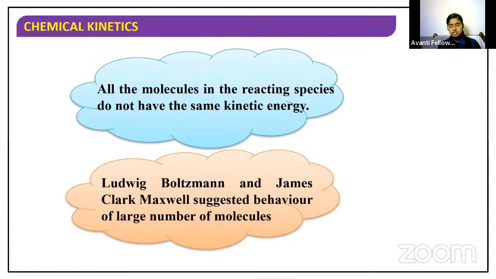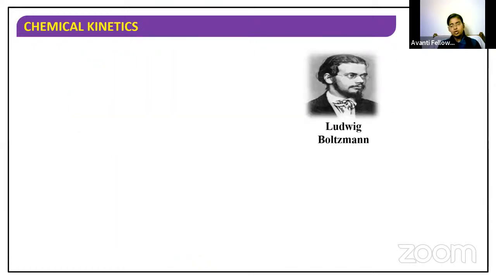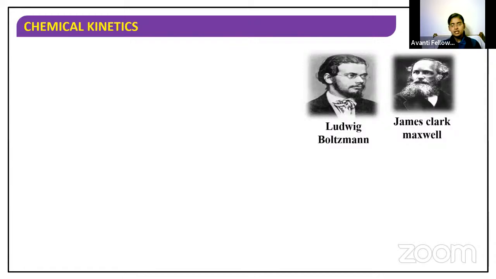They suggested the behavior of a large number of molecules. We will discuss these two persons' concept in the next class, what they have said and the formula we are going to get from it.